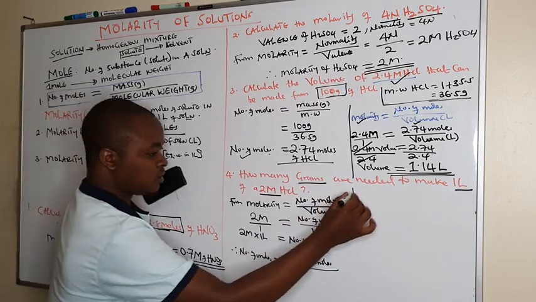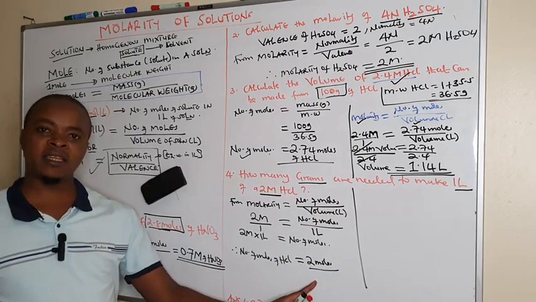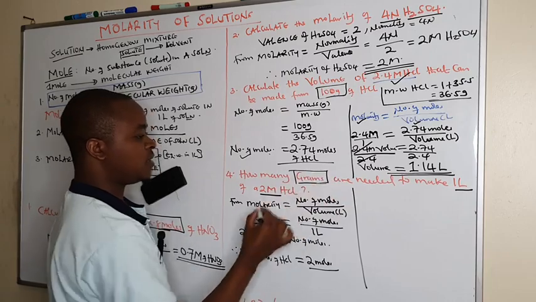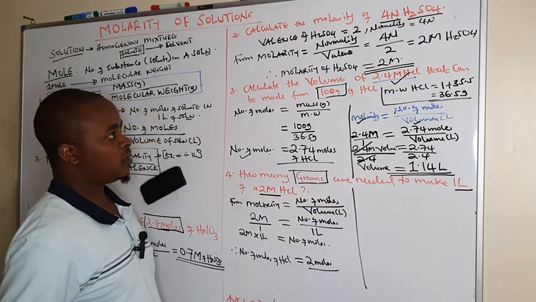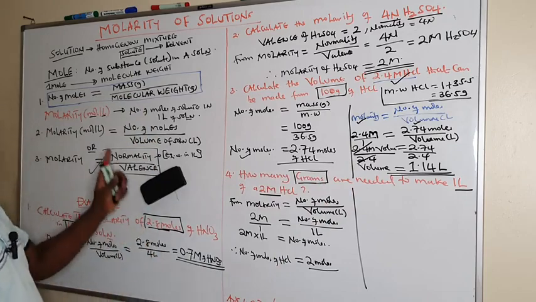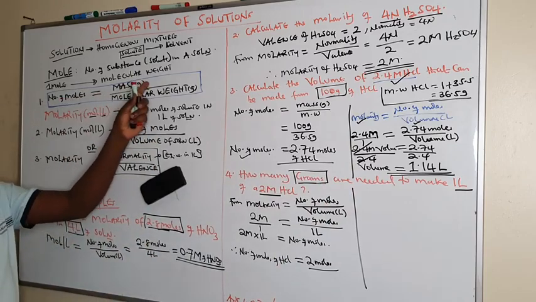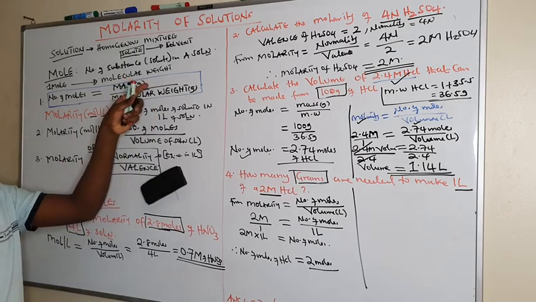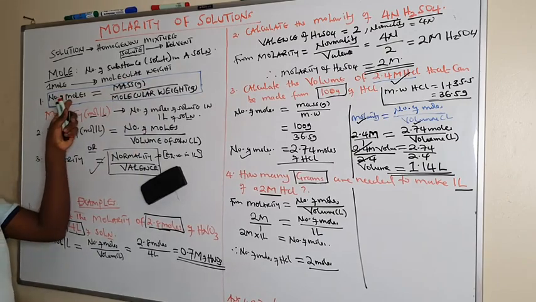So after obtaining the number of moles, and the question wants grams, I can easily use the formula number of moles equals mass divided by molecular weight, because they want the mass, and I have the number of moles now.